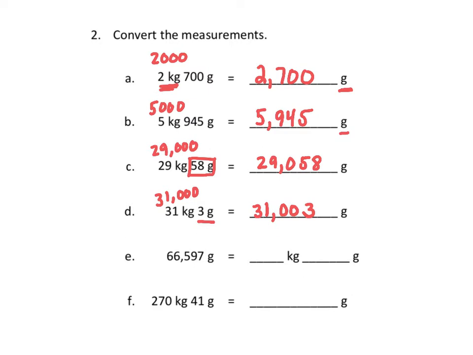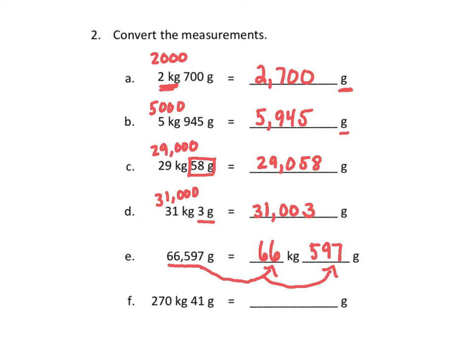So now what we have to do is take this amount of grams and convert it into kilograms and whatever's left over into grams. In that case, we're going to divide by 1,000, and we're going to get 66 kilograms, and the leftover amount is grams, which is 597 grams.